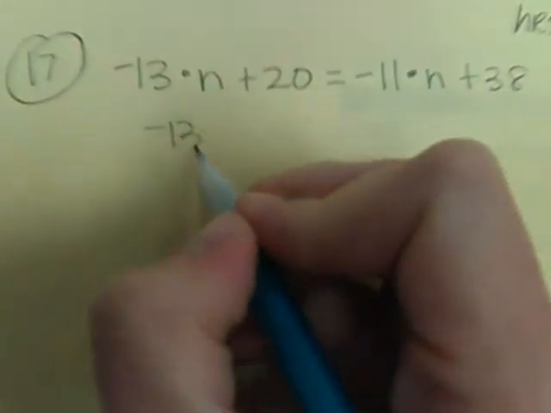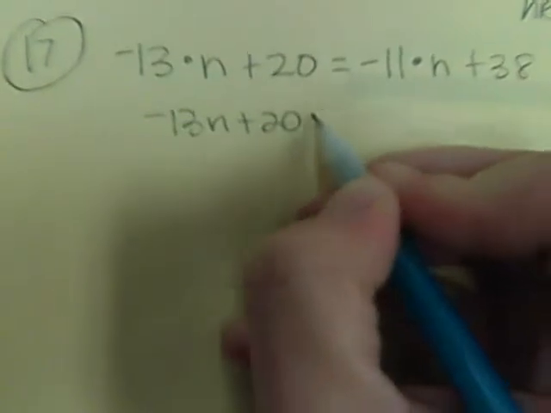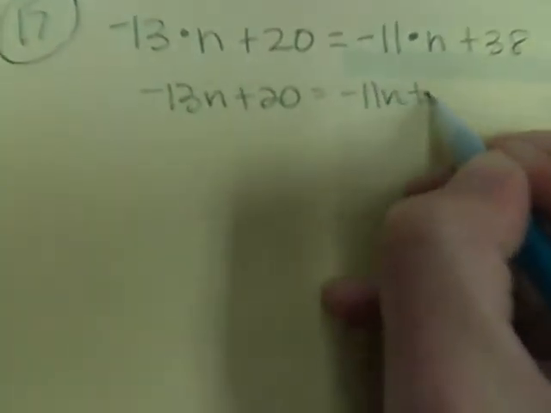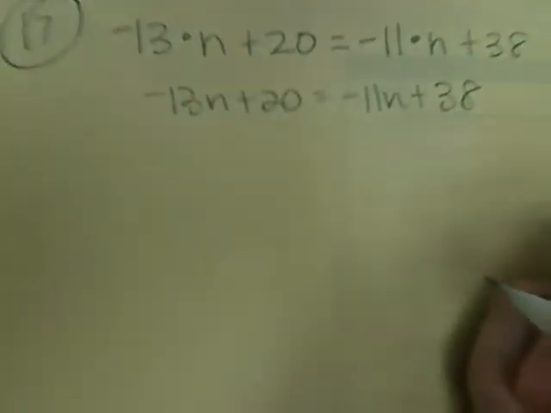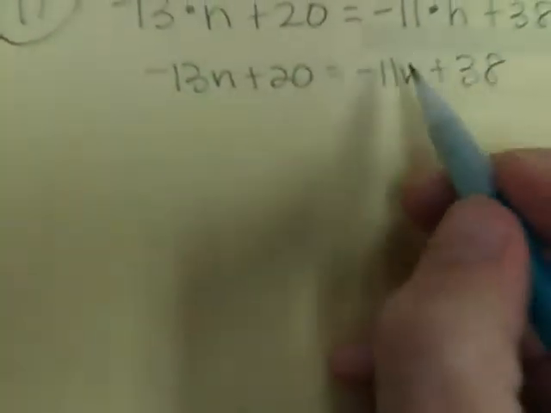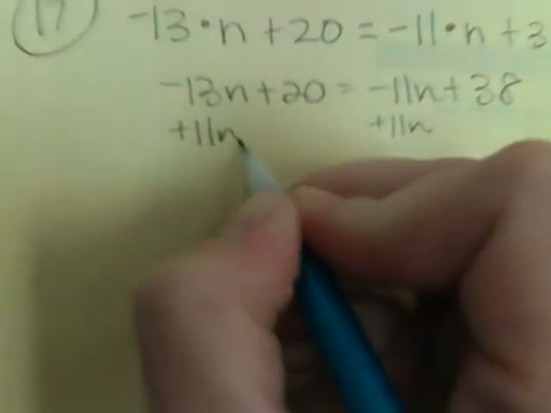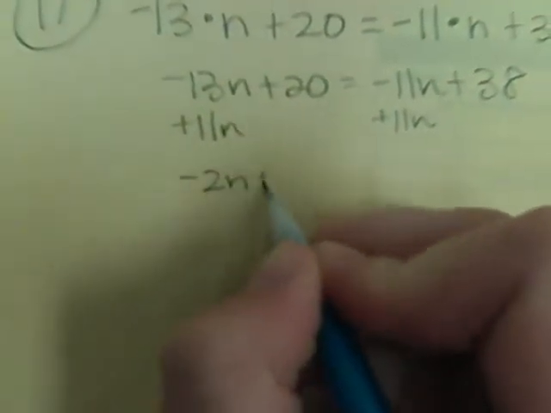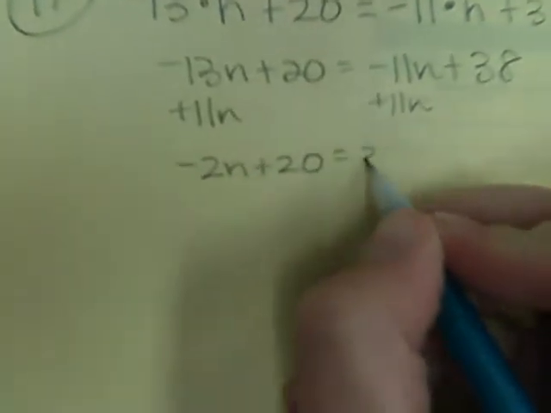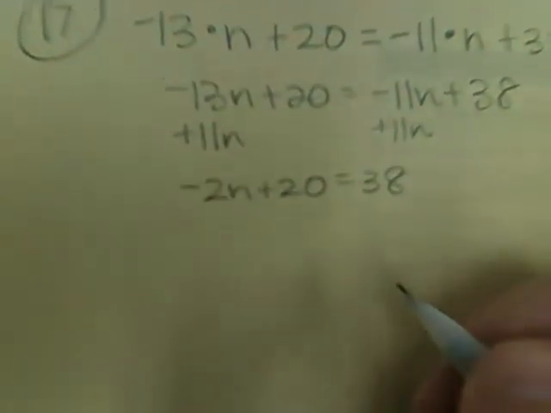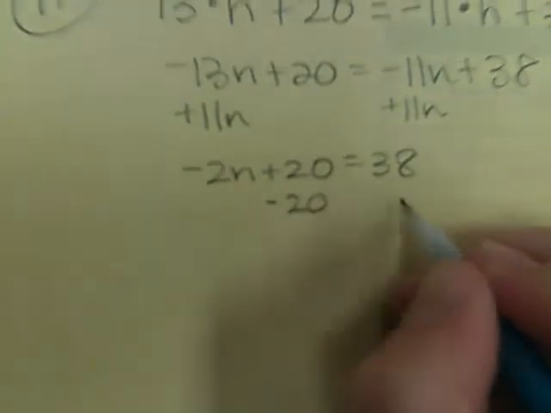Now we can clean this up a little bit. This would be negative 13n plus 20 equals negative 11n plus 38. We don't have any combining like terms, and we don't have any distributing, but we do want to get our variables all on the left-hand side. And I want to get my constant on the right.